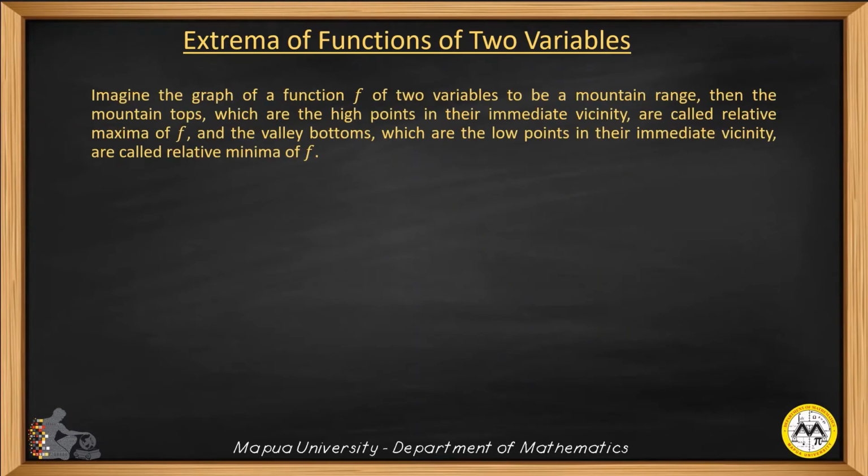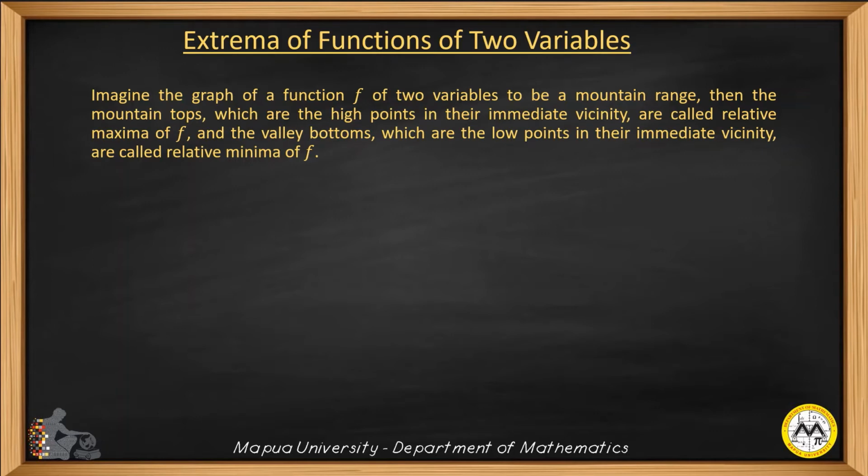Imagine the graph of the function z equal to f of xy as that of a mountain range. The mountain tops are the high points in their immediate vicinity, and these are referred to as relative maxima of the function f.